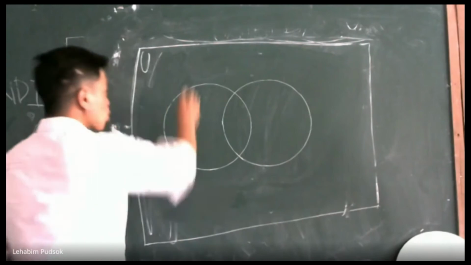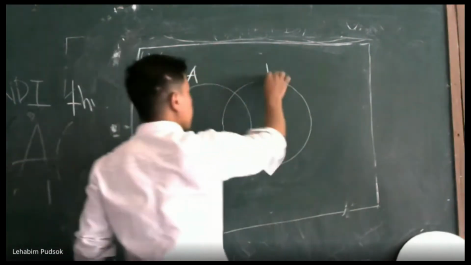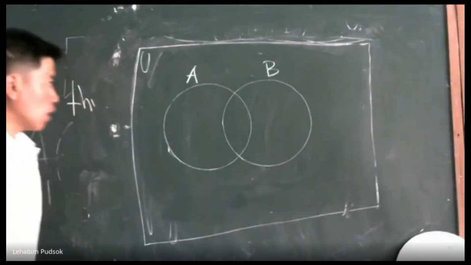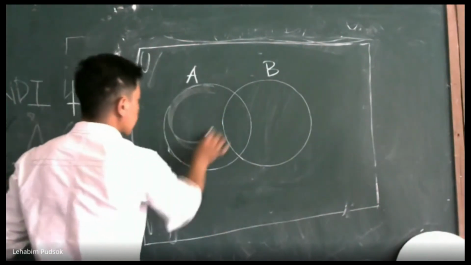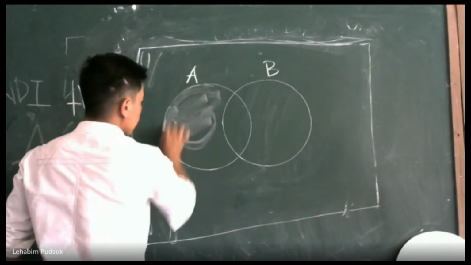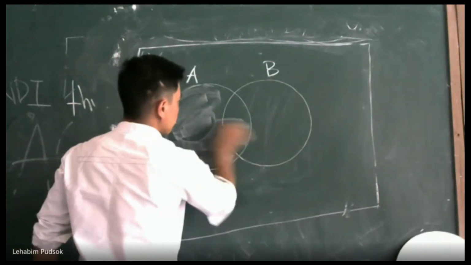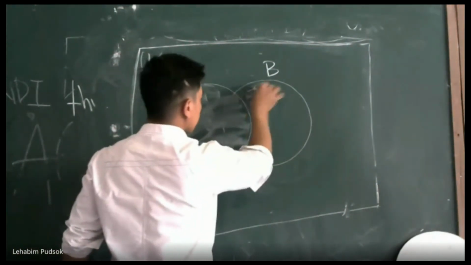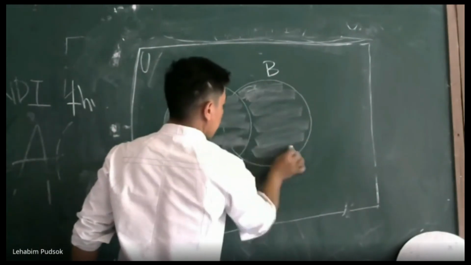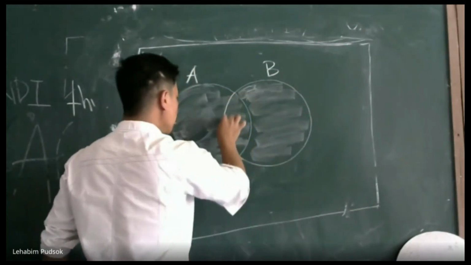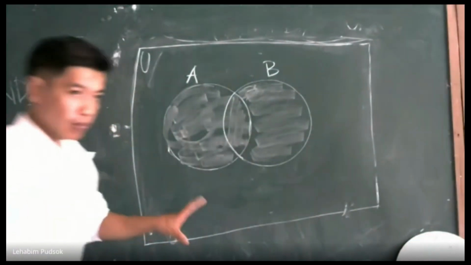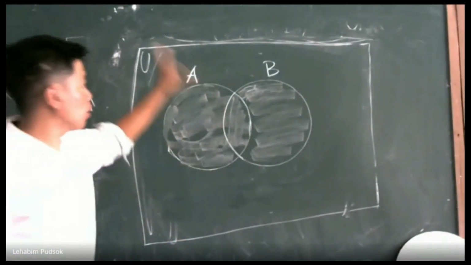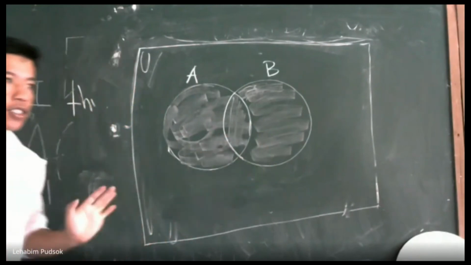Okay. So if this is set A, this is set B, and in the representation in the Venn diagram, all the circles are shaded. So they are part. Also the middle is shaded, but outside the circle, the universal set, is not shaded.